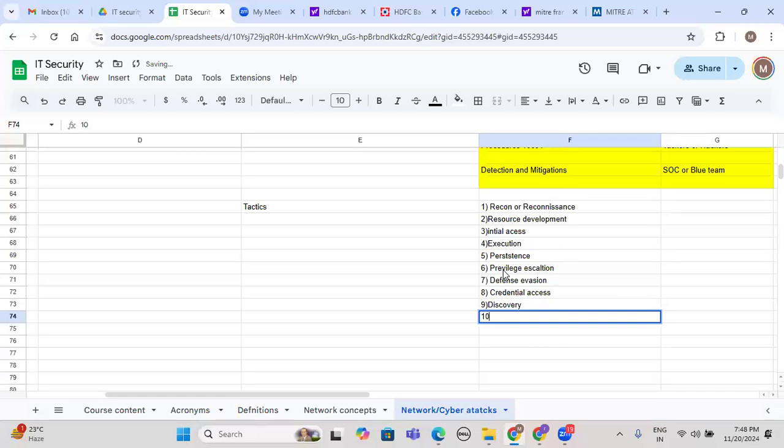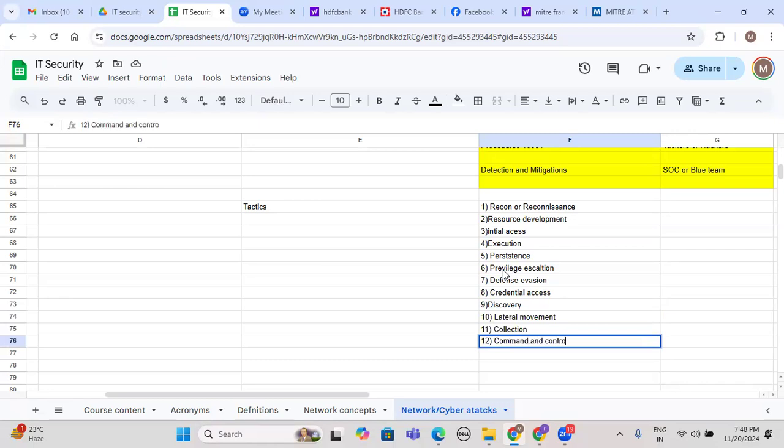Next one, lateral movement. Next one, collection. Next one, command and control. Next one, exfiltration, data exfiltration. And finally, impact. What is the impact because of the attack?